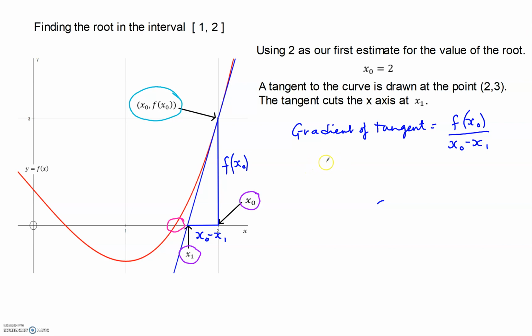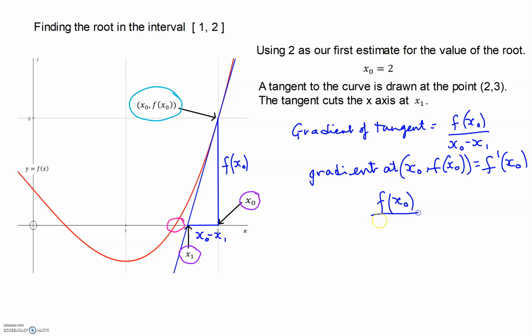So the gradient at the point x0, f of x0 is also f dashed of x0. So I'm going to rewrite our formula: f of x0 over x0 minus x1 also equals f dashed of x0.